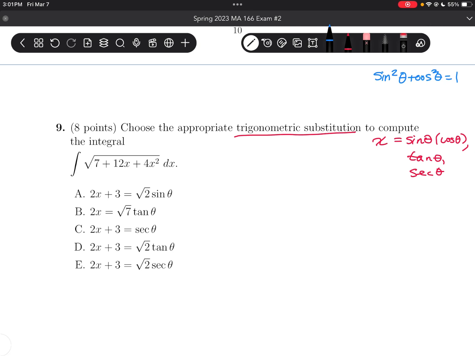This is one trig identity, and the other relevant trig identity is 1 plus tangent squared theta equals secant squared theta.